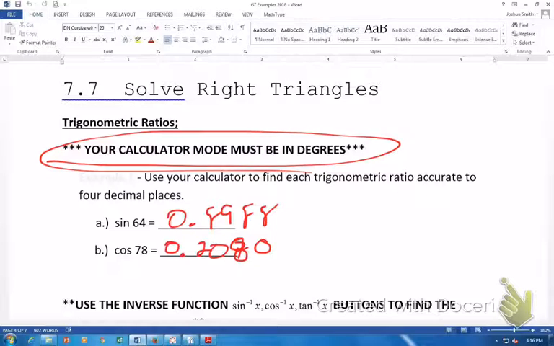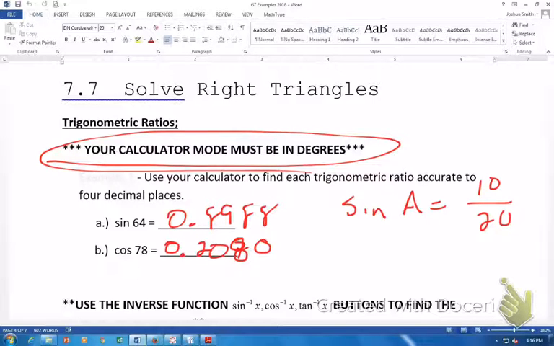For example, what if I knew that the sine of some angle A was equal to, okay, so what if in this right triangle, from angle A, the length of the opposite side was, say, 10, and the length of the hypotenuse was, say, 20?